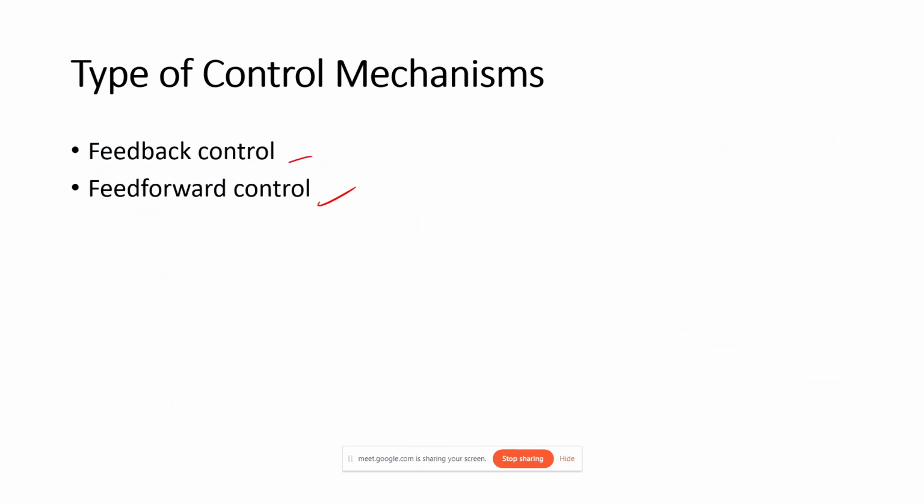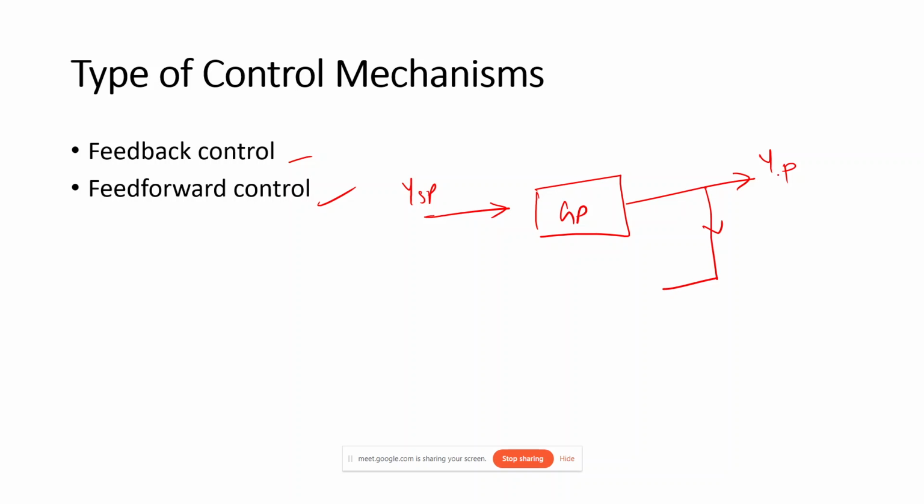In our earlier lecture, we studied that, let's say I have a process GP, with input YSP and output Y. In order to control this, I can take the output reading, pass it through some measurement, and then feed it back. Over here, we will have our controller block.